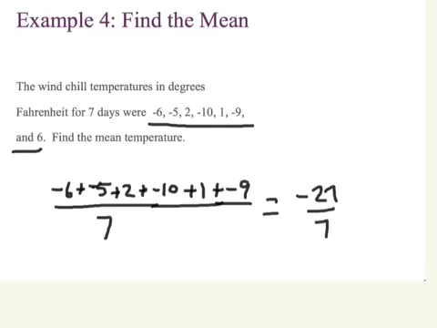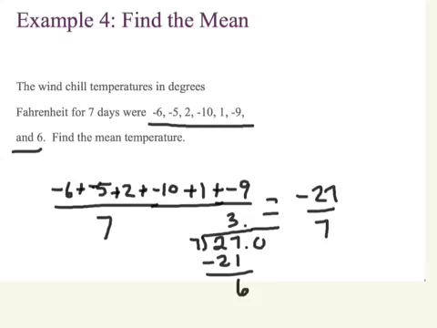Now we need to actually do some division here. We can't leave this fraction. It doesn't really help us have a good understanding of what that average temperature is. So I'm going to rock my long division skills. 7 goes into 28 3 times. So then I multiply 3 times 7, I get 21. Bring down my 6, and what happens next?